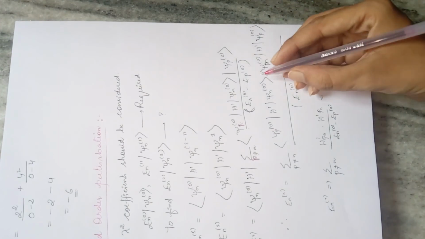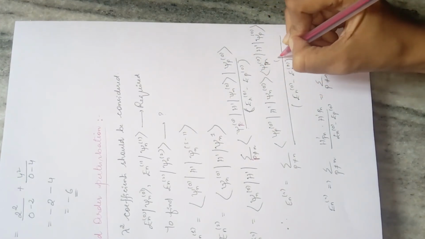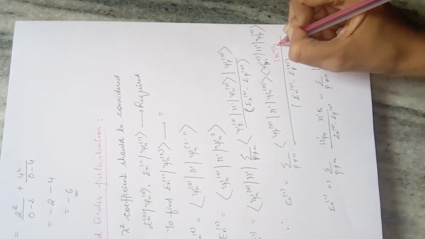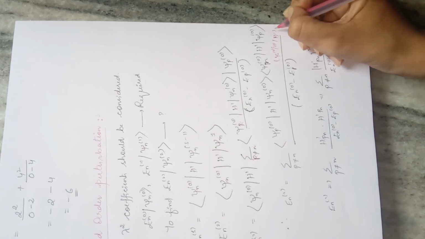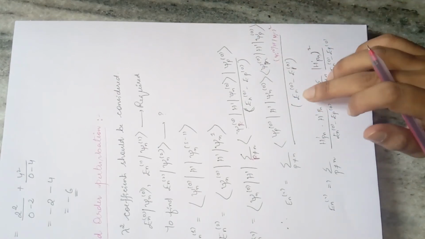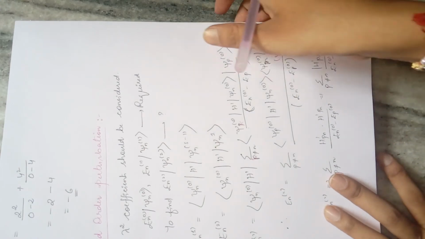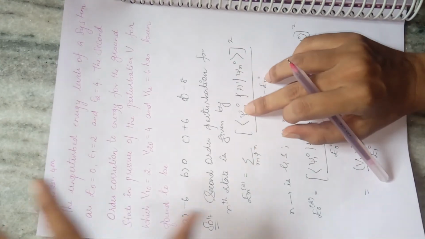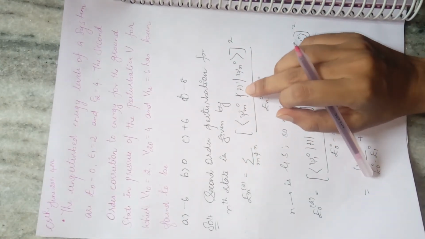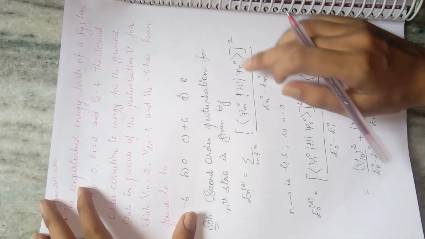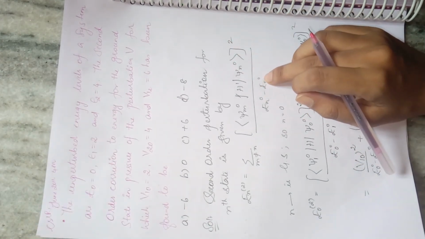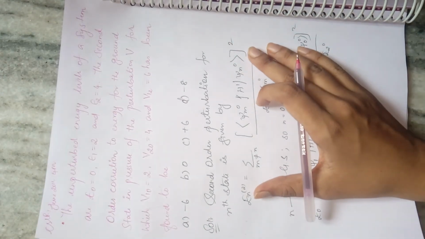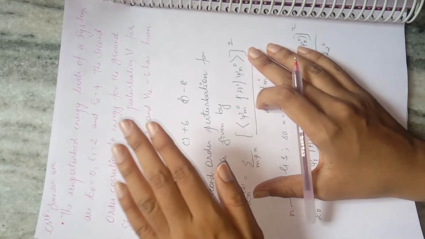It means this is just the square, the modulus of psi n naught H dash psi p naught squared. Can I consider it like this? Yes. And in the denominator you have the energy difference. This is the formula I have used here for the second order correction, the question that appeared in your exam: psi m naught H dash psi n naught squared over E n naught minus E m naught. Now you understood how you get this equation for the second order correction.